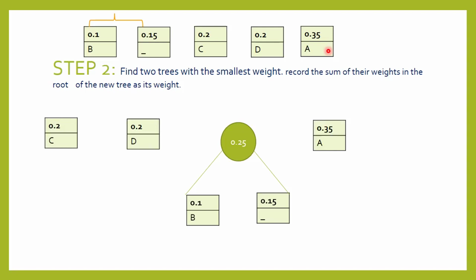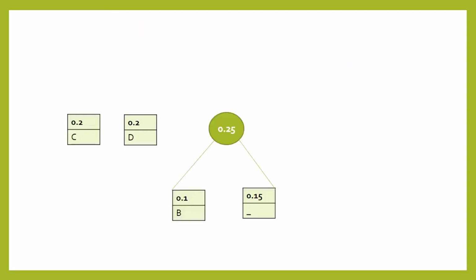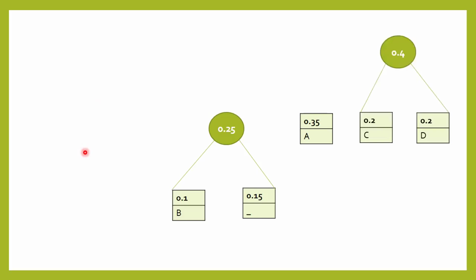Next, similarly you have to continue the same step until you get a single tree. Here again these two have the smallest weight. Next we should create a new tree with the sum of these. I have 0.2, 0.2, then 0.25 and 0.35 from the last slide. These two should make a new tree like this.